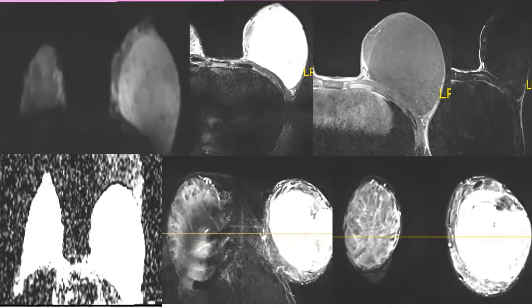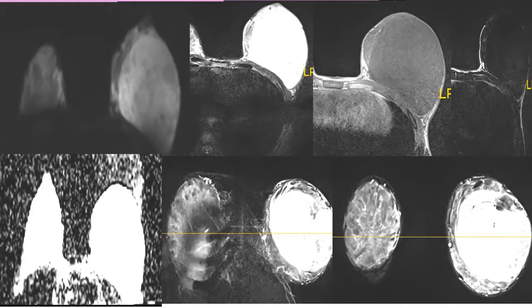It is not restricted in diffusion. There is also some heterogeneity and a cystic component. Here you see a non-enhancing area due to the cystic component. And it was very low on T2, intermediate on T1.